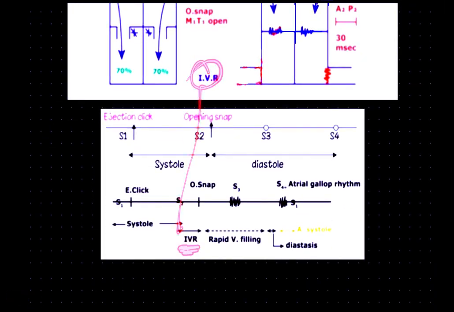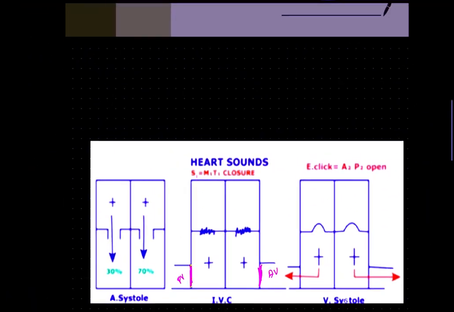And S3 is because of rapid ventricular filling, high turbulence. Then diastasis is going on. Diastasis is the phase in which the heart is completely in a rest position, a relaxing condition. And then again atrial systole will take place, that means S4, and after S4, S1 will occur. So this was all about heart sounds.